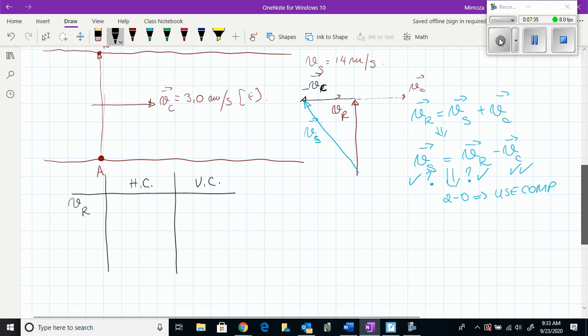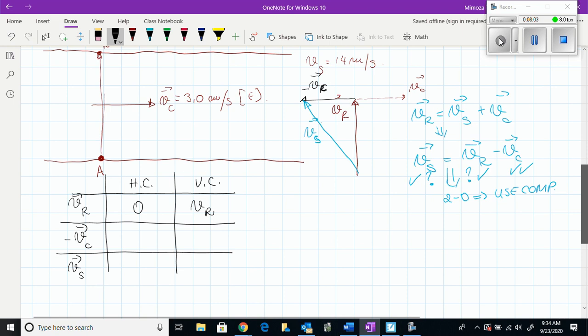We have the resultant component here, the negative velocity of the current, and the velocity of the swimmer. Since it is going straight north, the horizontal component of the resultant is equal to 0. And the vertical component is equal to the magnitude of the resultant.